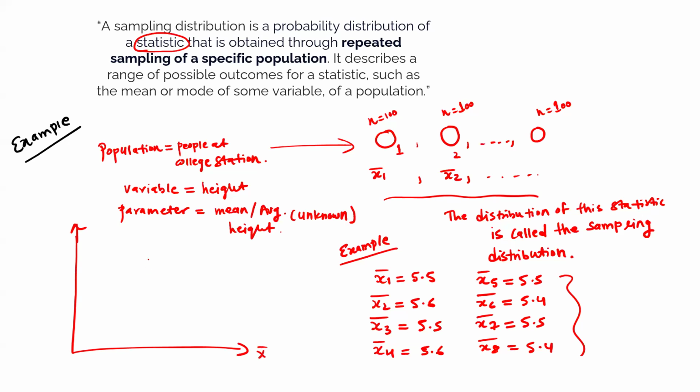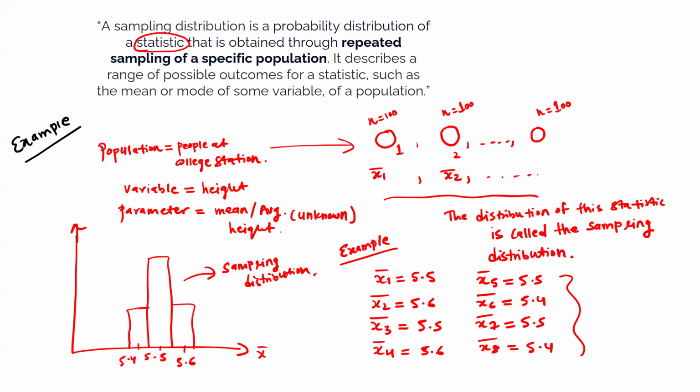It'll be like 5.5, 5.4, and 5.6, something like this, right? So this is called your sampling distribution, okay? This is what it means when you say a sampling distribution.